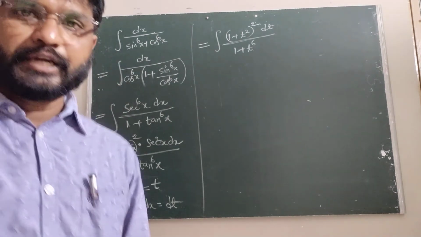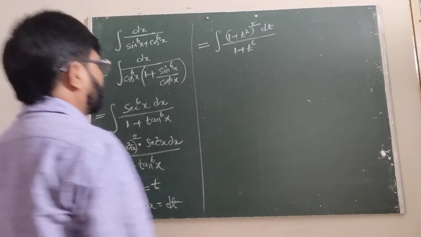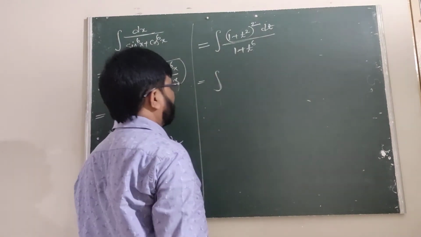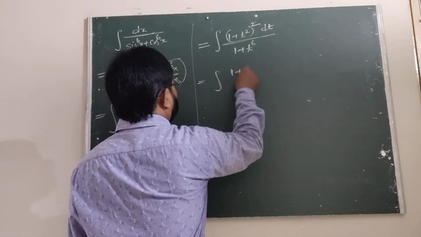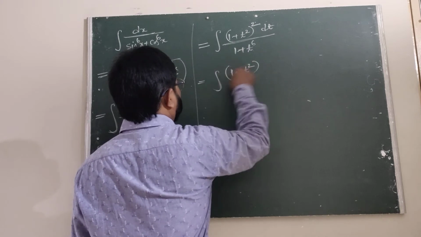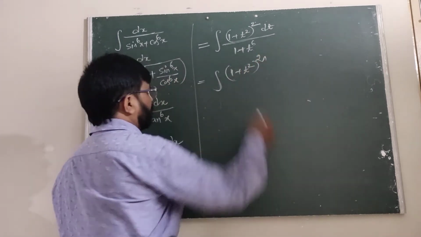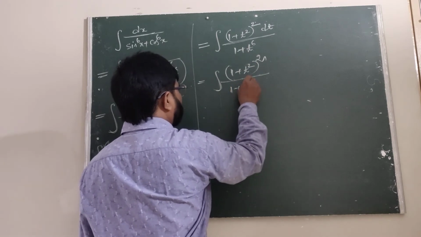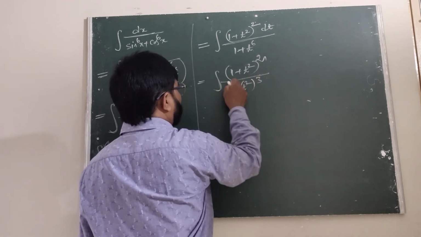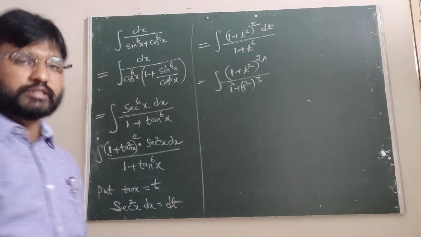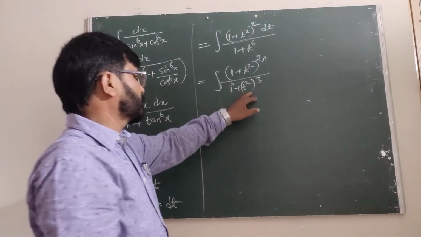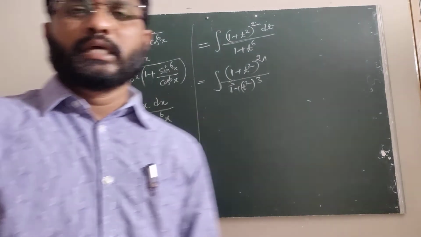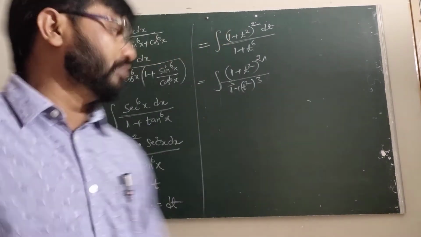1 plus t power 6. Therefore, we can write the integral of 1 plus t square whole cube. This is of the form a cube plus b cube. A cube plus b cube is a plus b into a square minus ab plus b square.